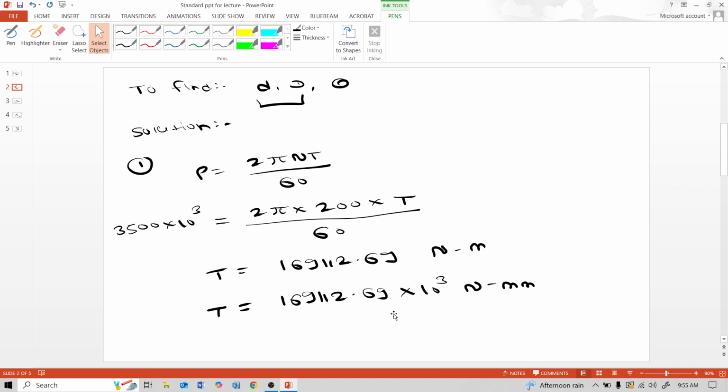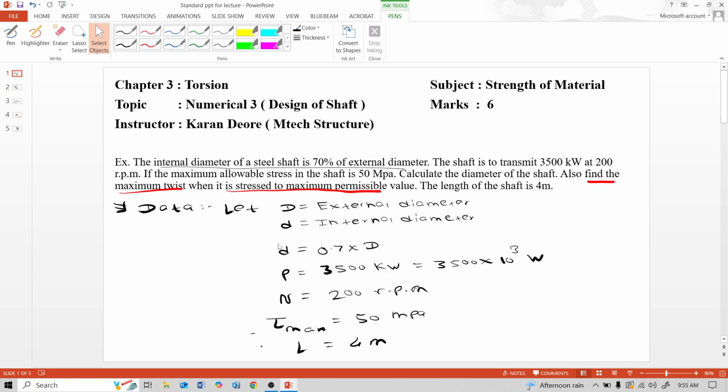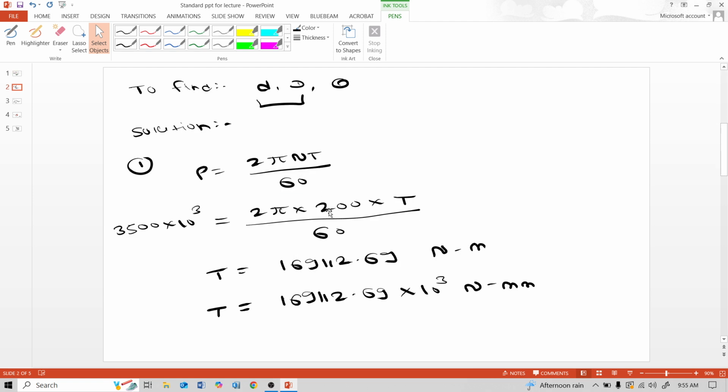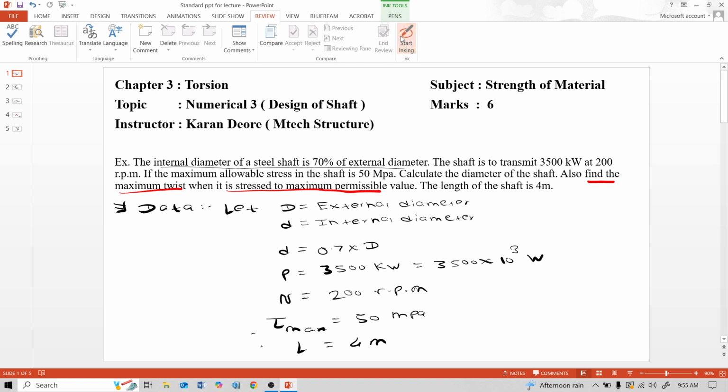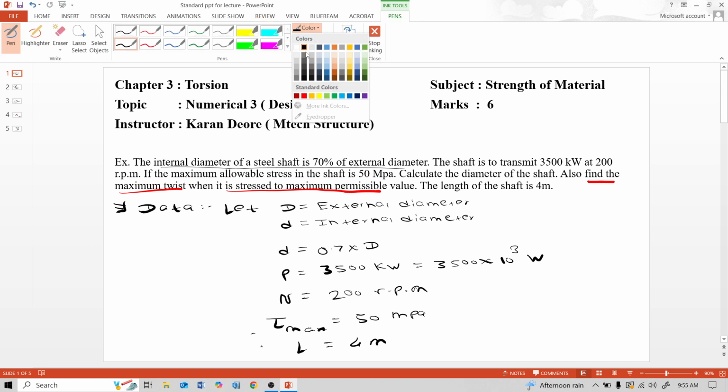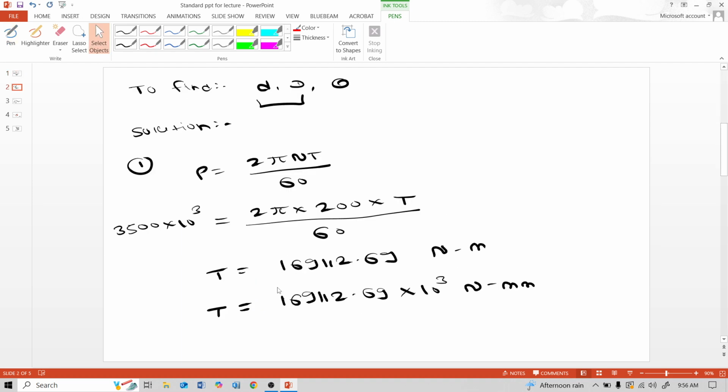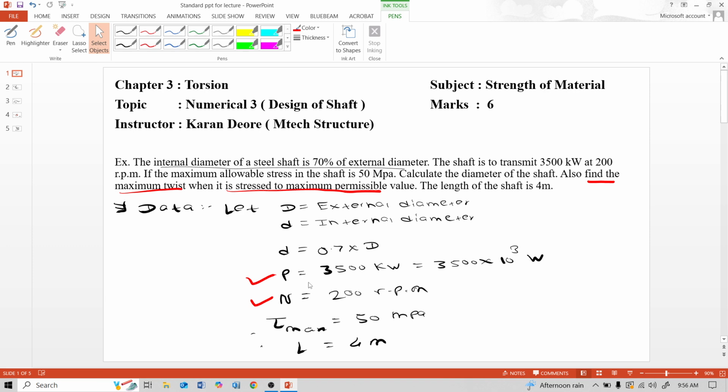First, we find the torque using the power formula, where we put this power P and number of revolutions N, which they have provided for calculation of torque. The torque unit is Newton meter or Newton mm.